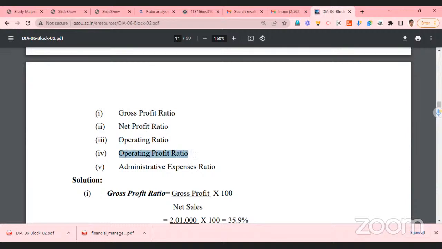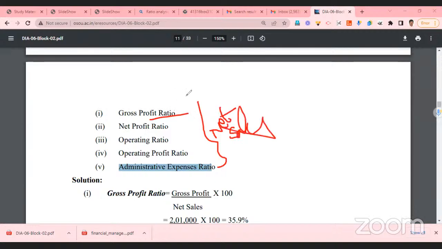Operating profit ratio is 100 minus operating ratio. Administrative expenses ratio is administrative expenses by net sales into 100. The denominator is always net sales for all these.